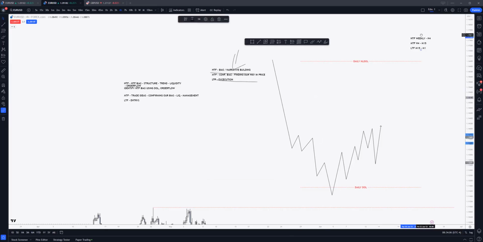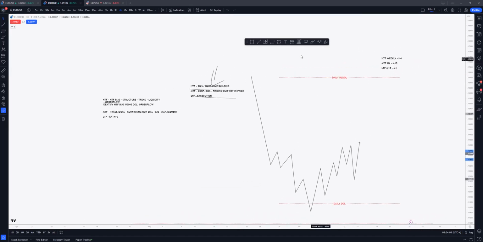This is generally how I shape things up, okay? So I can have HTF as my H4, then MTF as my M15 and LTF as my M1, or I can have a daily higher time frame, H4, and M15. Any mix of these that gives you the most clarity in the markets, okay?